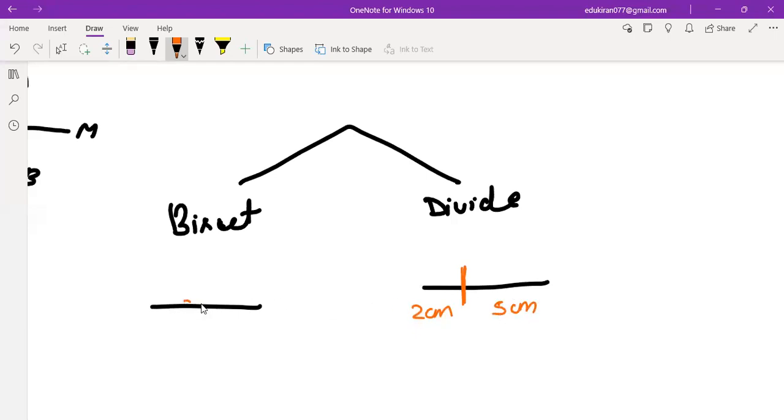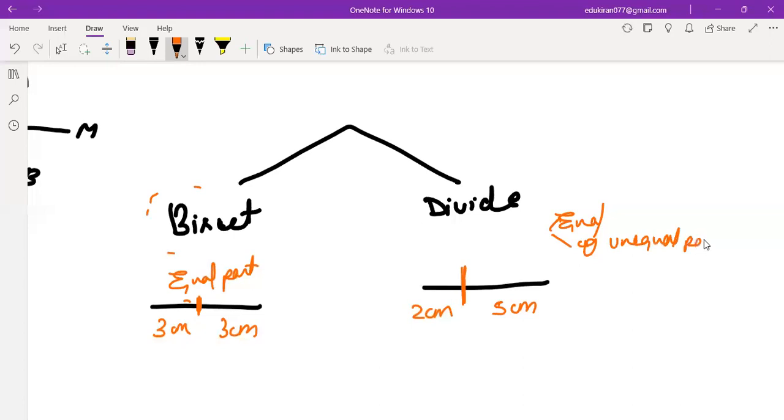But bisect means this will be 3 centimeter and this will be 3 centimeter, two equal parts. When I am using the word bisect, it means it is dividing into two equal parts. But divide can be equal or unequal, both. If I am using bisect, it will always be equal parts. Clear?